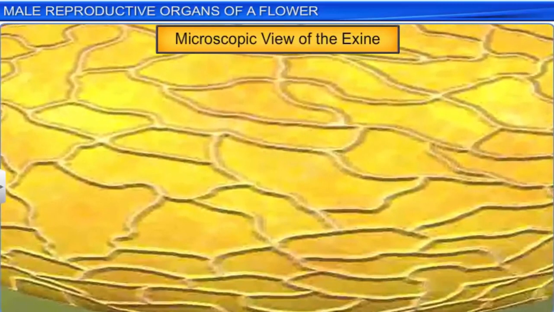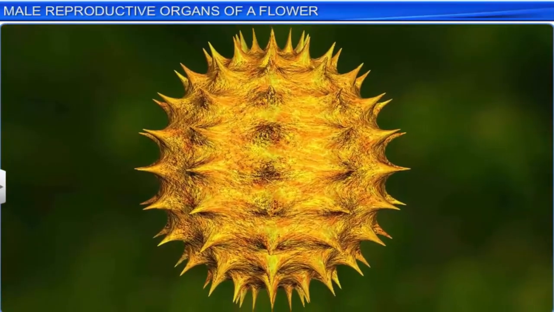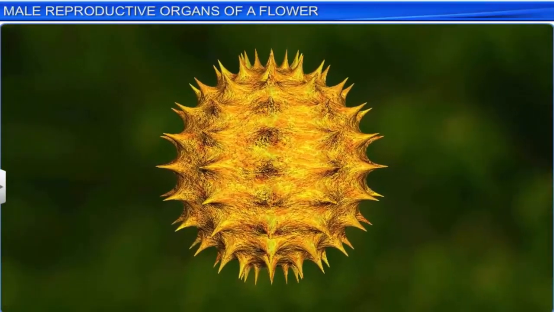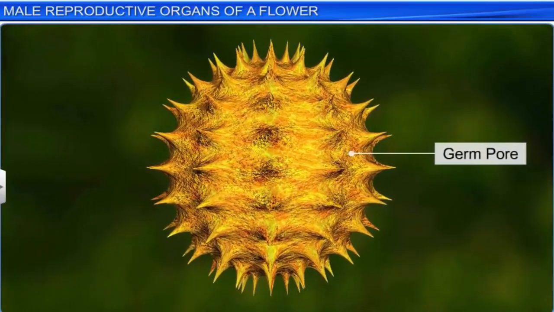Hence, pollen can be well preserved as fossils. However, sporopollenin is not present in the germ spore, an aperture present in the exine through which we see the germination of the pollen tube.